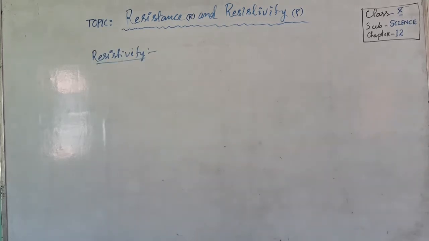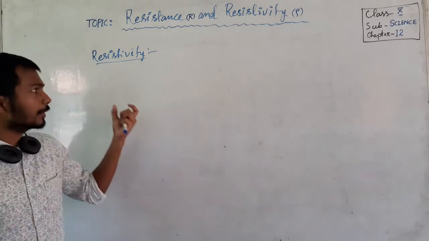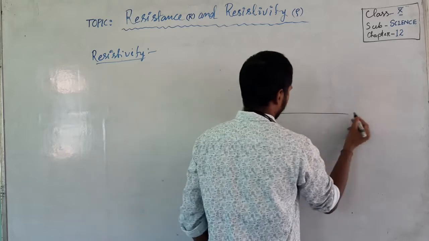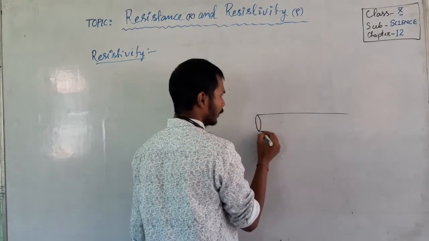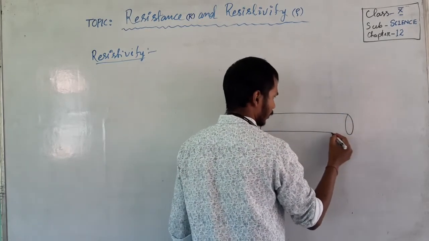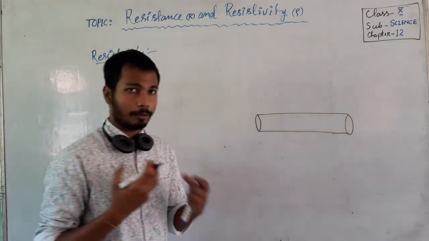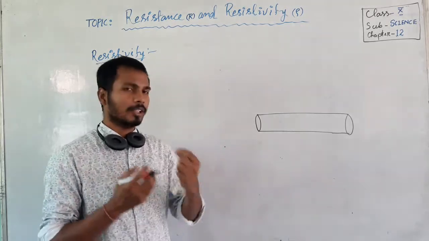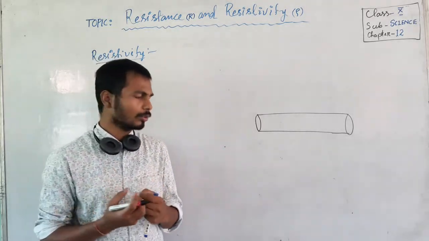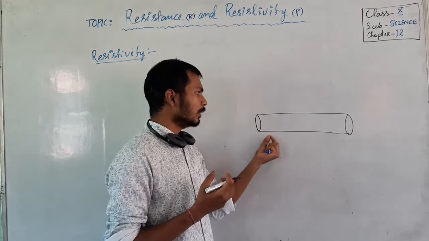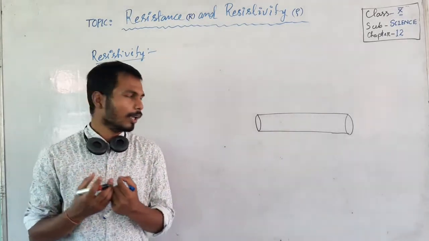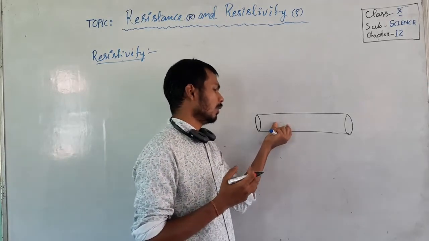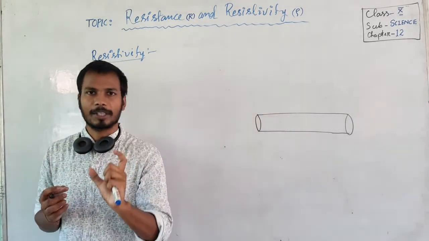Now we are going to study resistivity. So let us consider a wire. Okay, this is a wire, and we know that this is a conductor and it has resistance. No doubt it will have a very small amount of resistance, but it will always have a value of resistance.